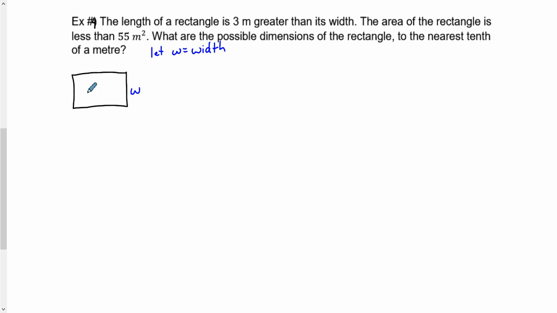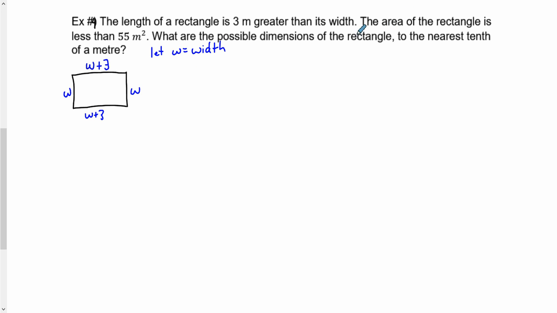So our width would be here. If the length is 3 meters longer than the width, 3 meters greater, what we can do is say that it's W plus 3.